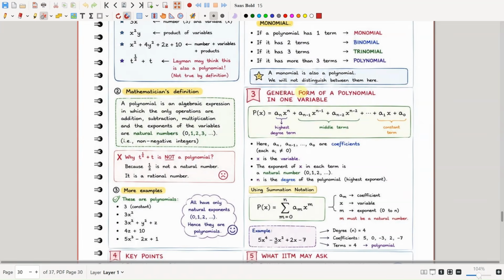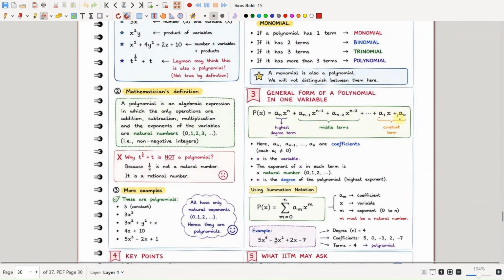But what is the general form of a polynomial in one variable? That is p of x is equal to a subscript n x power n plus a subscript n minus 1 x power n minus 1 plus a subscript n minus 2 x power n minus 2 plus, etcetera, plus a1x plus a0.